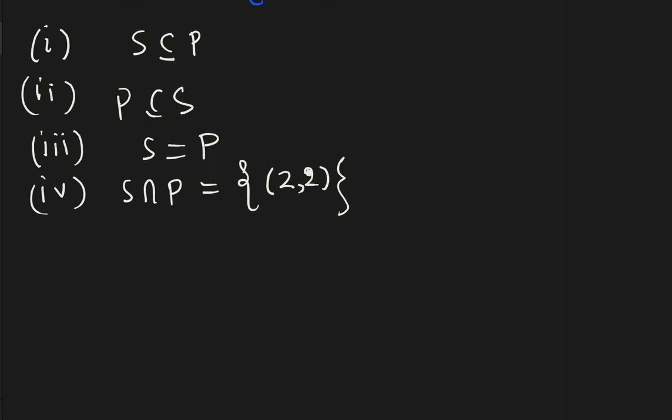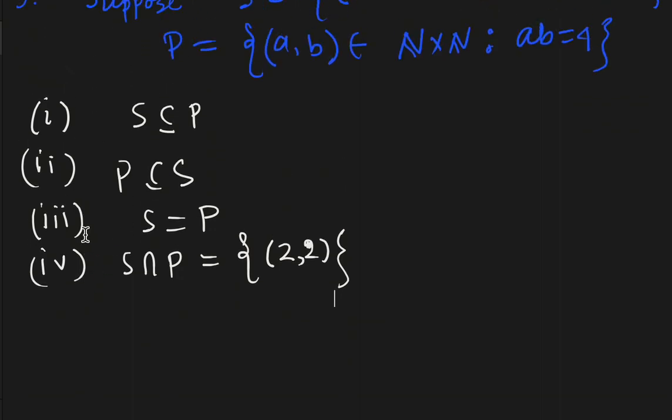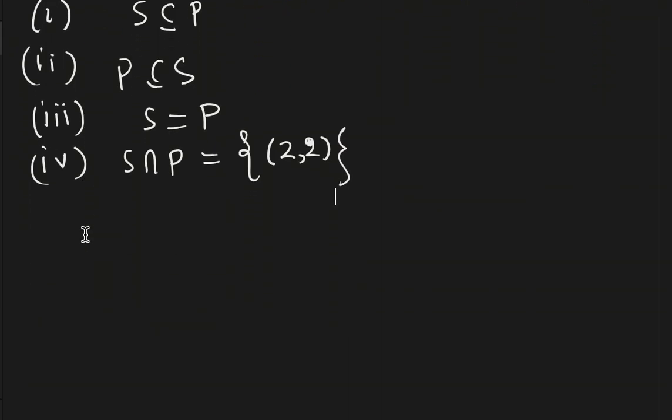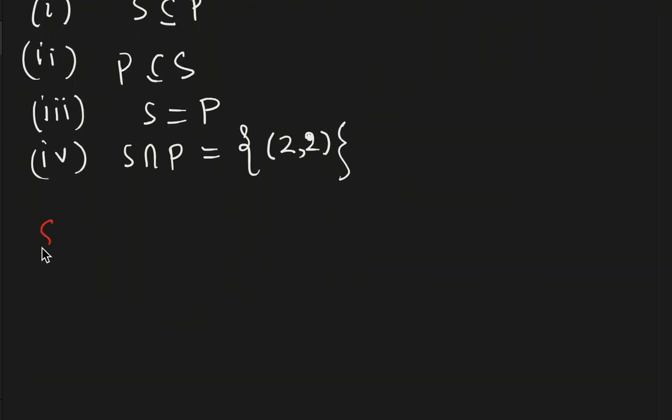So now let's see. First, what is A? How many pairs of numbers are there which, if I add, we get 4, excluding 0 because they are natural numbers? So that means (1, 3), (2, 2), and again (3, 1).